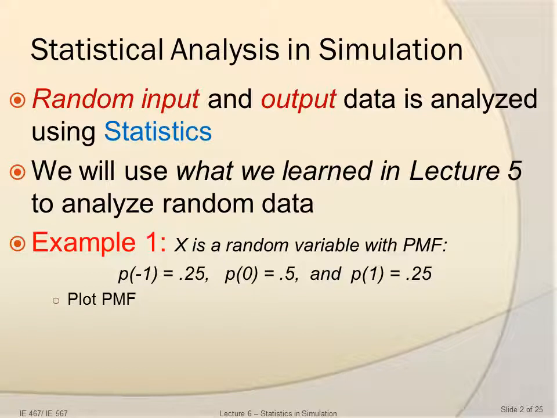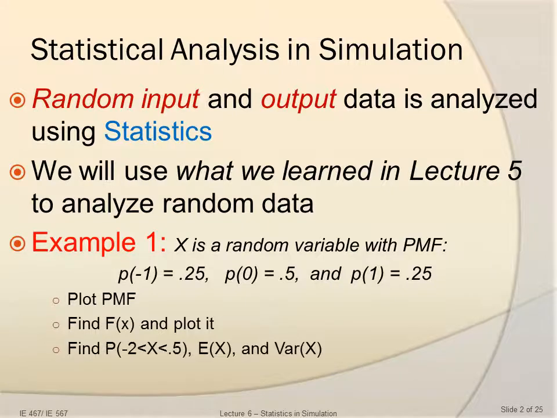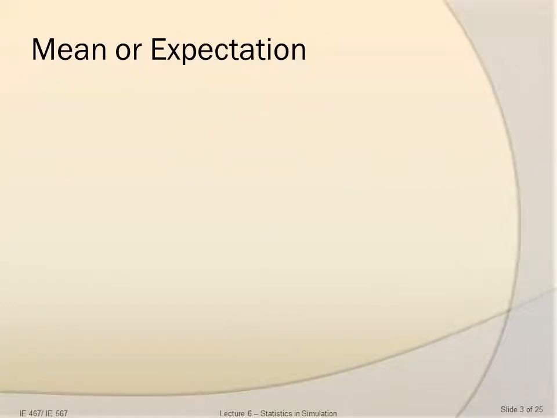We want to plot the probability mass function, which we already did in Lecture 5, find the distribution function and plot it, which we also did in Lecture 5. And now I will also show you how to find the probability that x is between -2 and 0.5, and also compute the expectation and the variance of x.